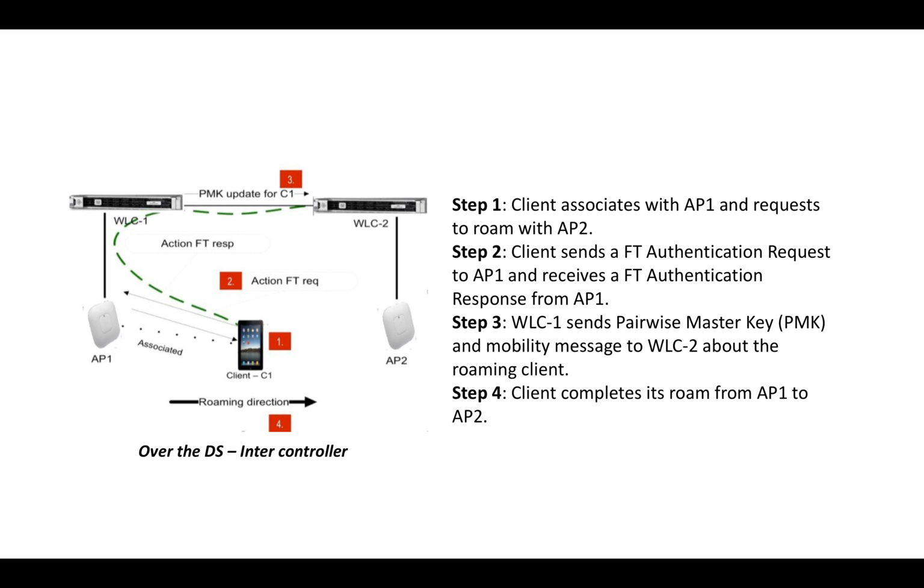Now, WLC1 sends out all the PMK, the pairwise master key, the mobility messages and things like that to WLC2 to let WLC2 know that this is the client and these are the client details that have been shared with me, cached with me, stored with me. The WLC then passes it on to AP2, and then the client goes ahead and performs the roam to AP2 because all the cached information is already there, right?